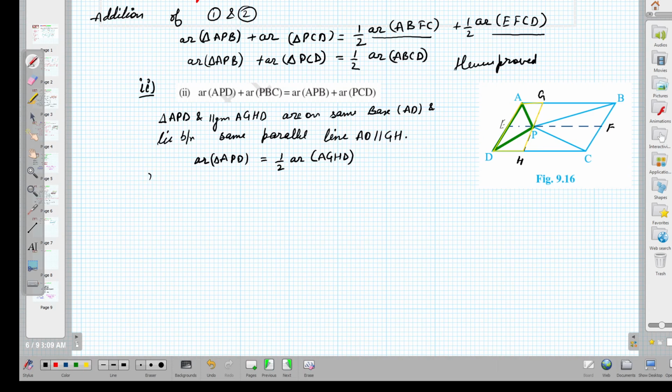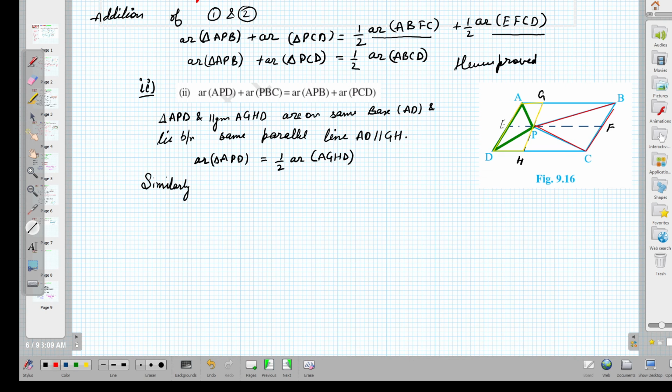Similarly, we can say in the same way, we can write for PCB. Where is the PCB? The PCB is this one, the green one, the yellow one.